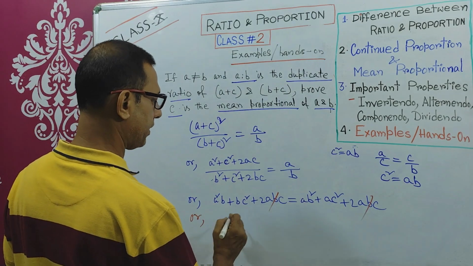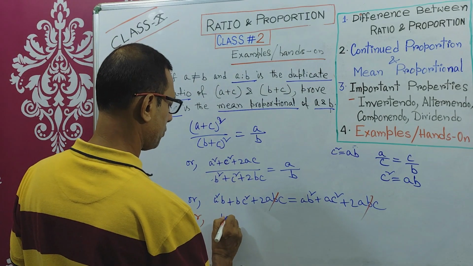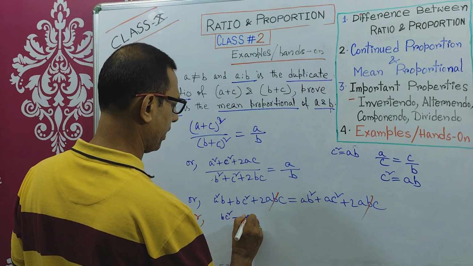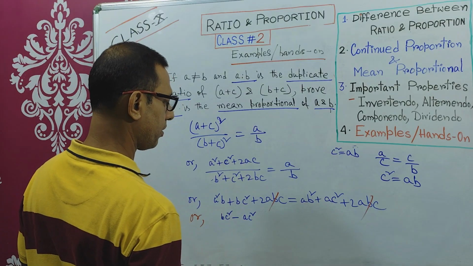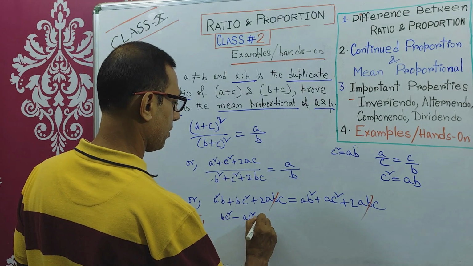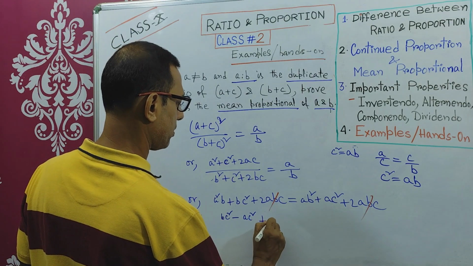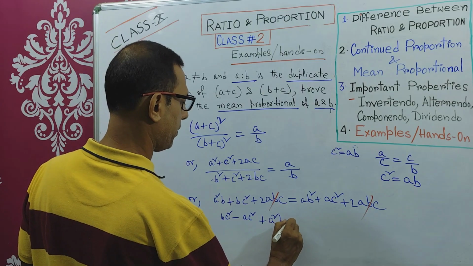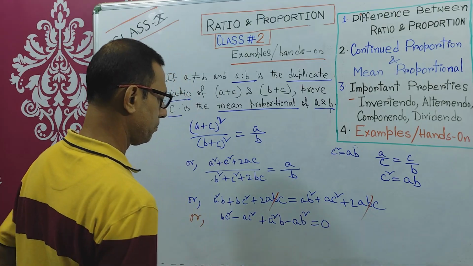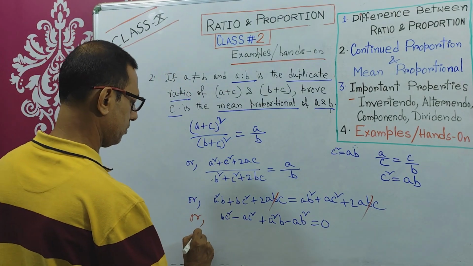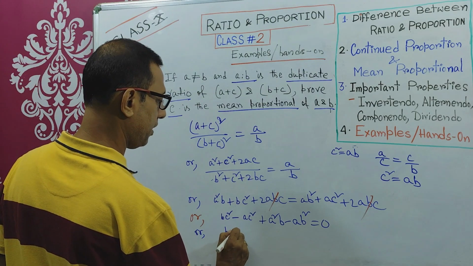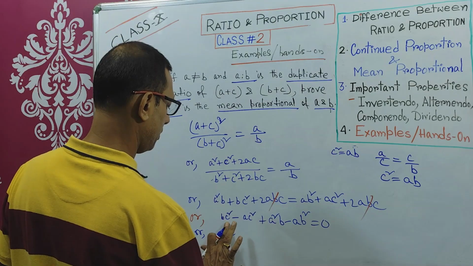So you can take common: BC square minus AC square, taking AC square this side, plus A square B minus AB square equals 0.